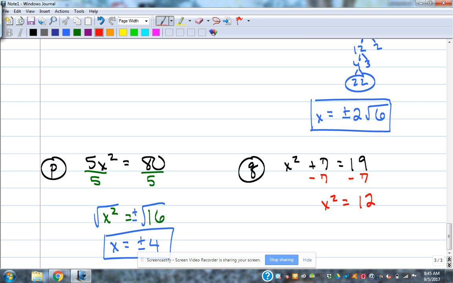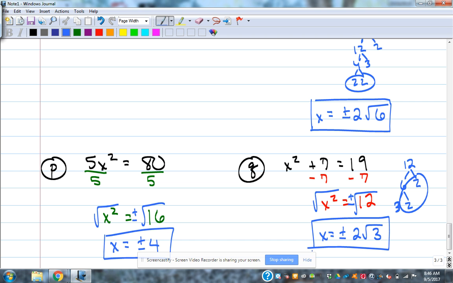That'd be 12. Can we take the square root now? Yeah, and plus or minus, and then 12, not a nice square root. So I'm going to break 12 down. 6 and 2, 3 and 2. There's a pair of 2's with a 3 left over. So that's 2 radical 3. Simplifying that square root to get those answers there.